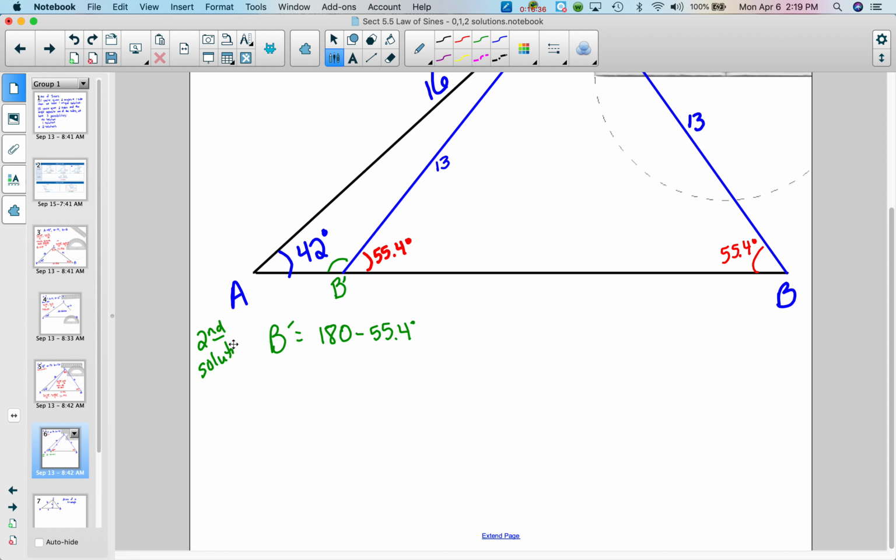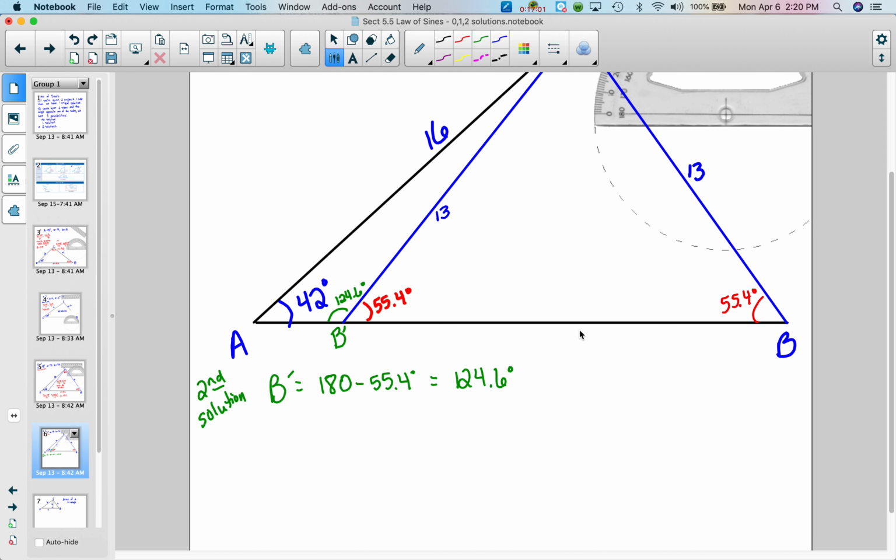I have to use the angle that I found in my first solution and subtract it from 180 to figure out my obtuse angle. So when I do that, I get 124.6 degrees. So that is this angle in here. Okay, so now I know that.